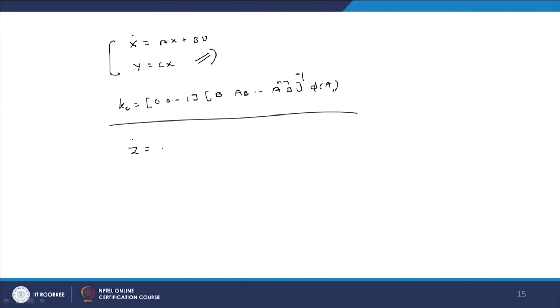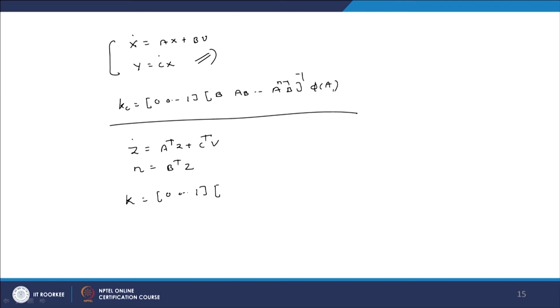Now here we are taking the dual system. For the dual system, Z dot equal to A transpose Z plus C transpose V, and n equal to B transpose Z. If we compare, we will get K equal to [0 0 0 1].